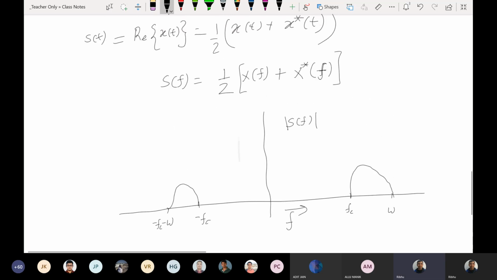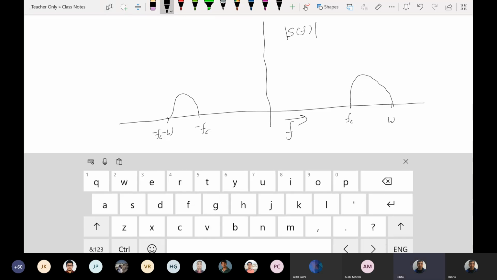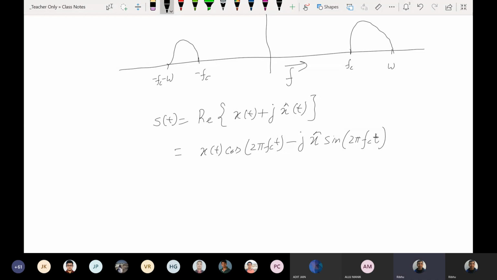So s(t) equals the real part of x(t) plus j... equals x(t) cos... sorry, not x, m.